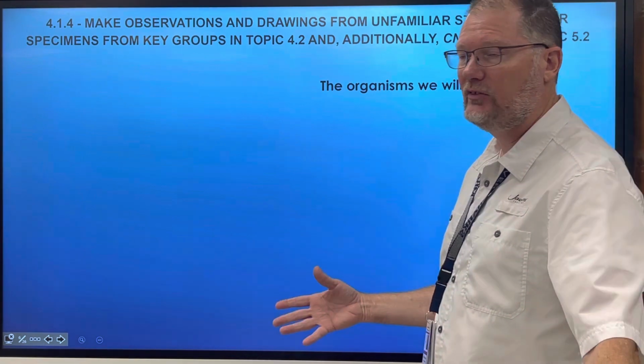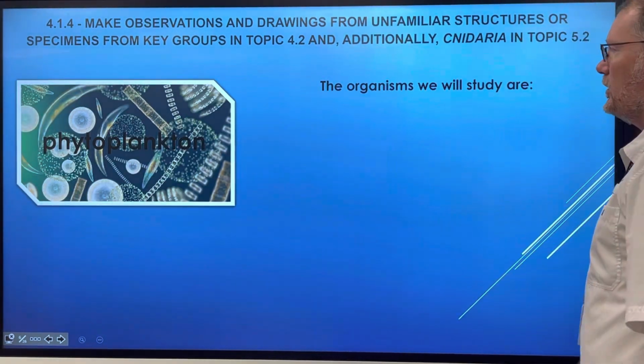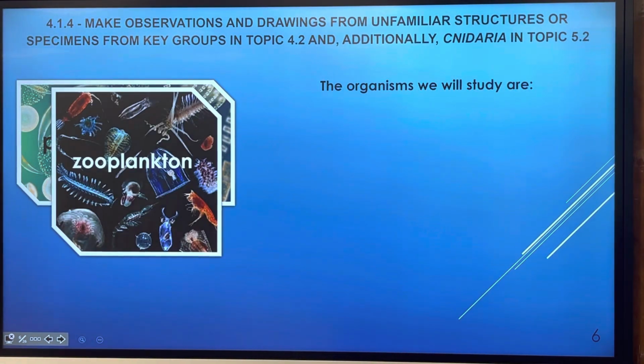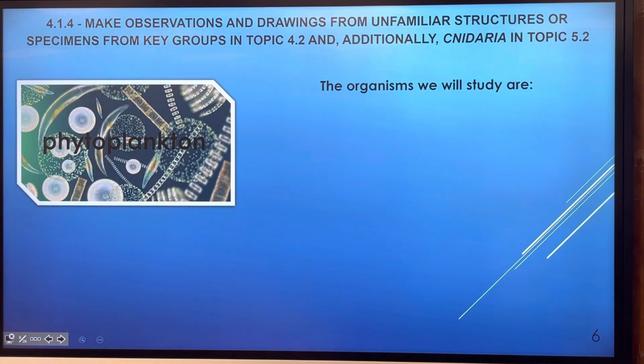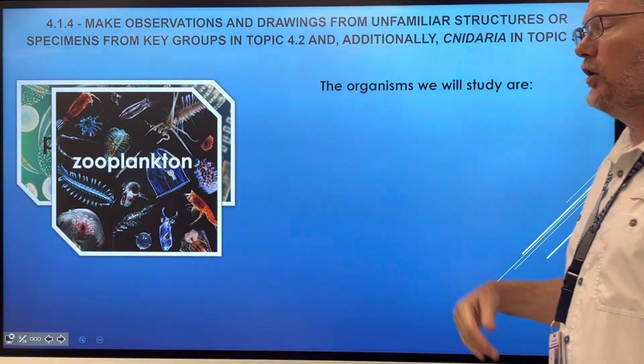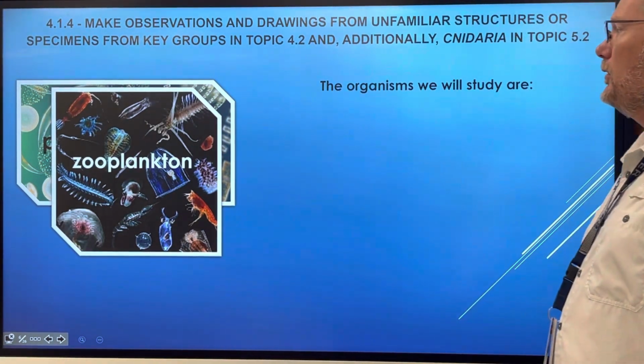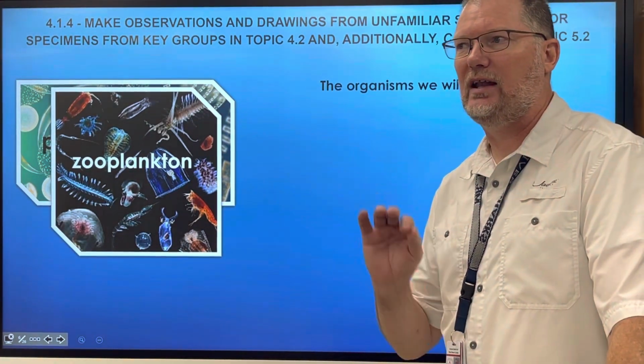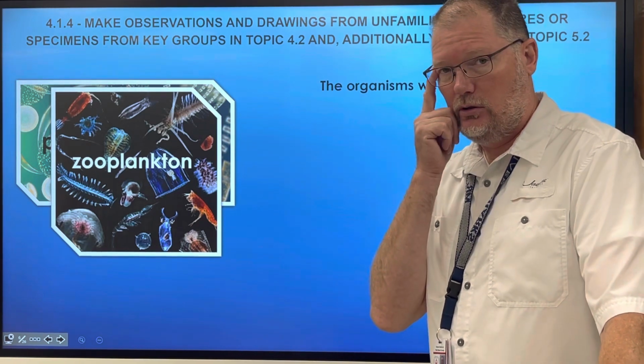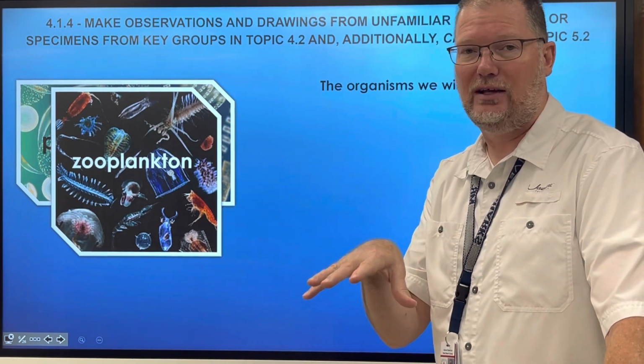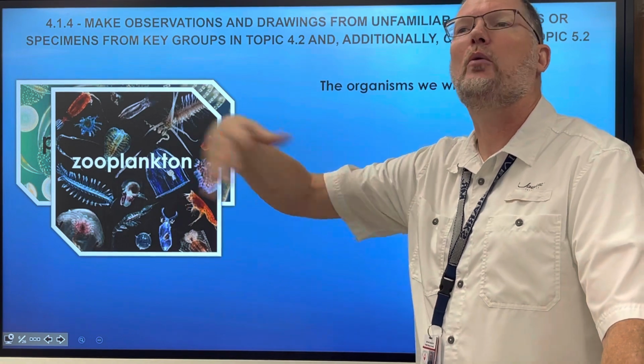Sea jellyfish, okay? The organisms we're going to study are phytoplankton, zooplankton. So phytoplankton look like that. They're the plant-like plankton. Zooplankton are animal-like plankton. The term plankton means cannot swim against the current. They go where the current goes.